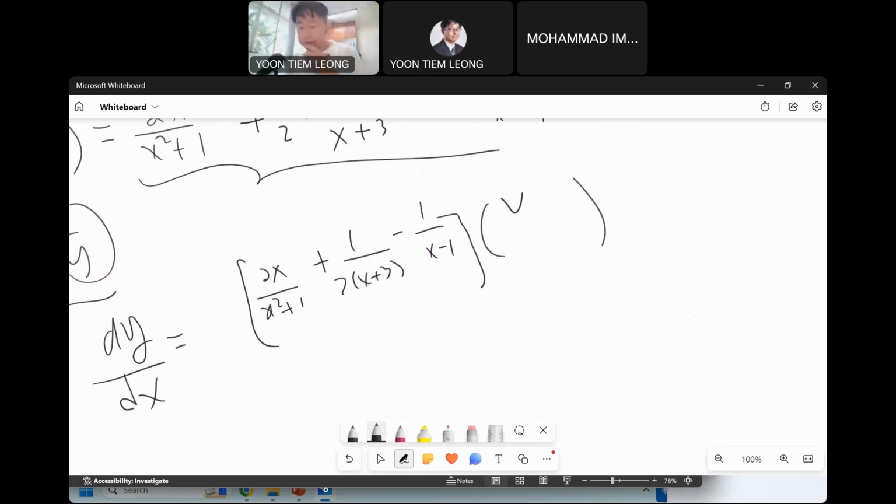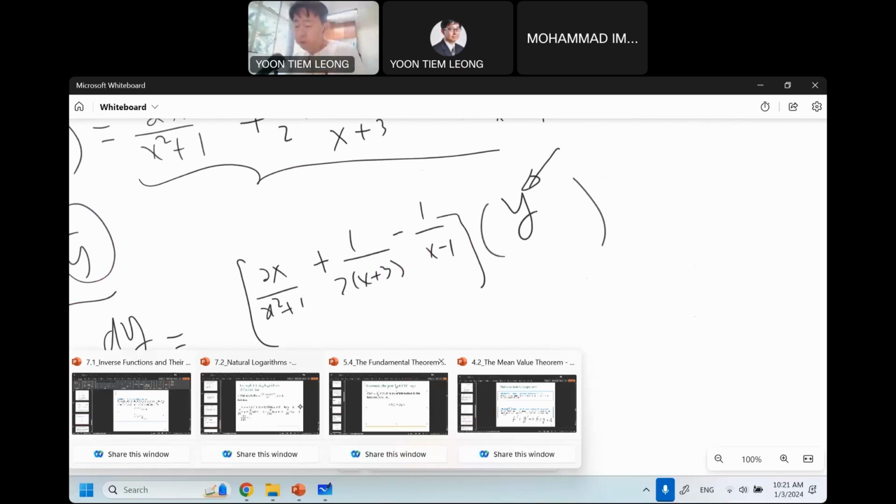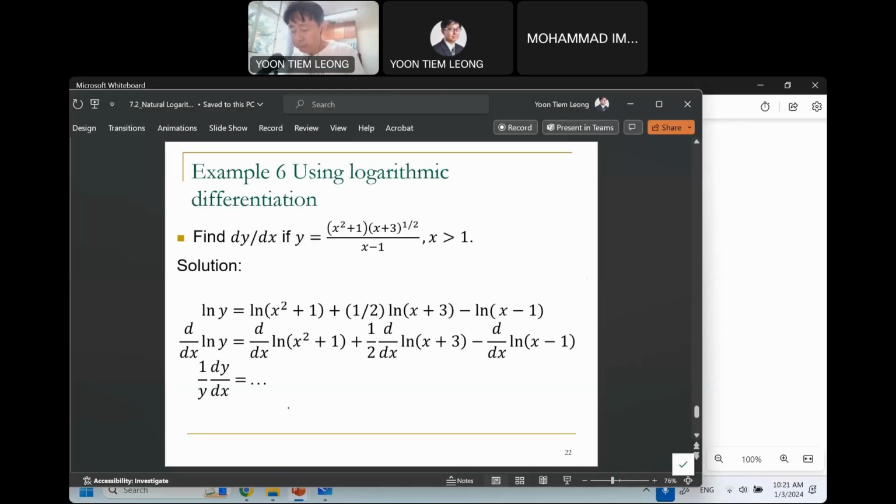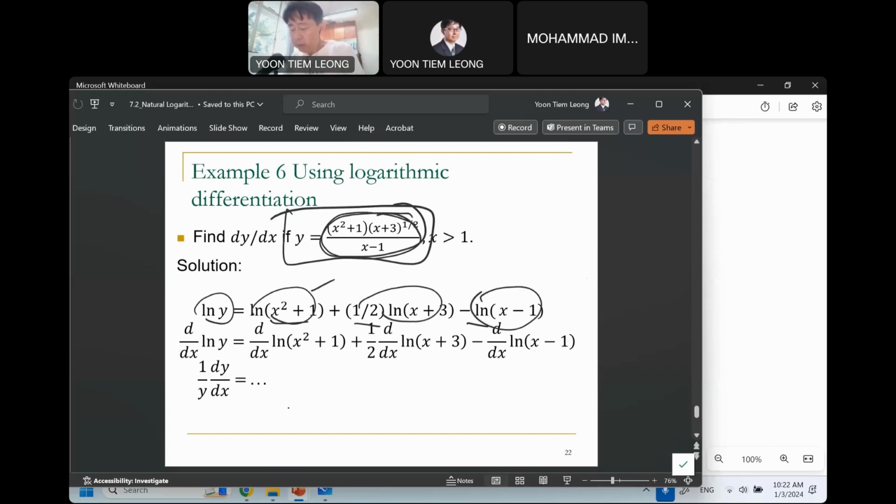So the point here is that you convert these equations into a form that involves the log. When you do that, you are actually making the product or the division into a sum in terms of the log, so that when you take the derivative, it's easier because you are taking the derivative of the sum of three terms.